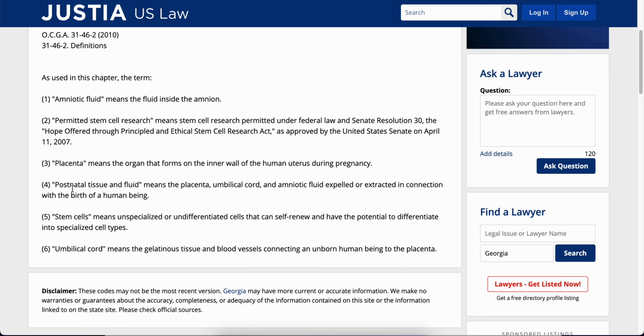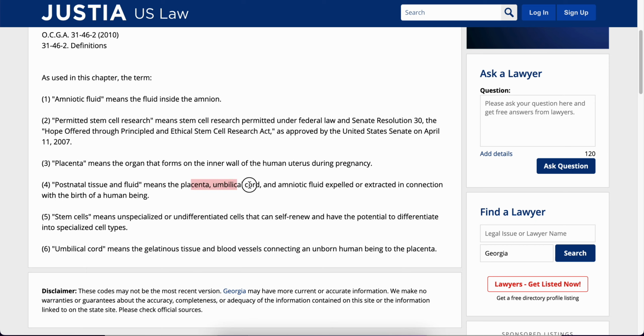Remember, we just saw that in the findings, about some of the stuff that they gather and collect. It means the placenta, the umbilical cord, amniotic fluid expelled or extracted in connection with the birth of a human being.